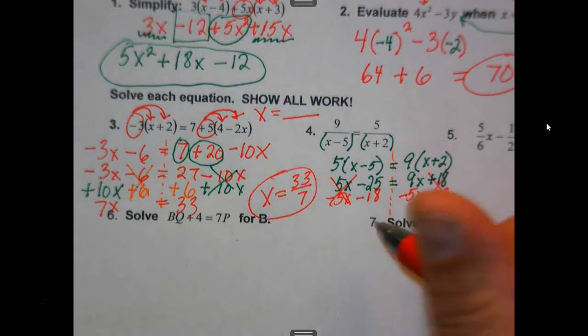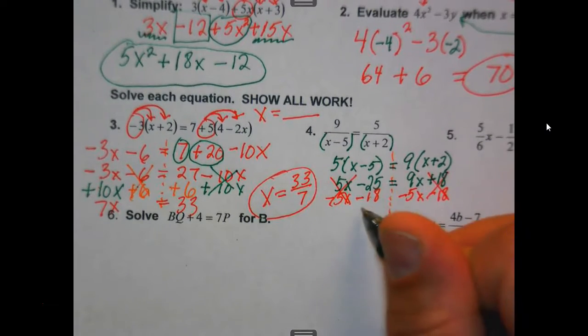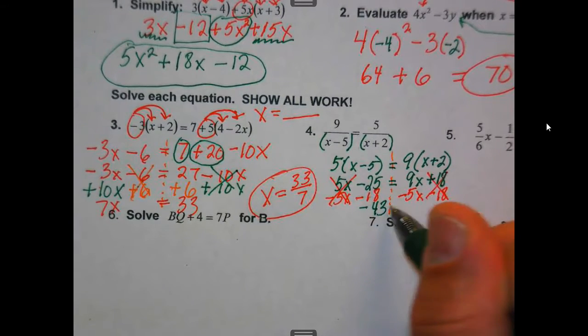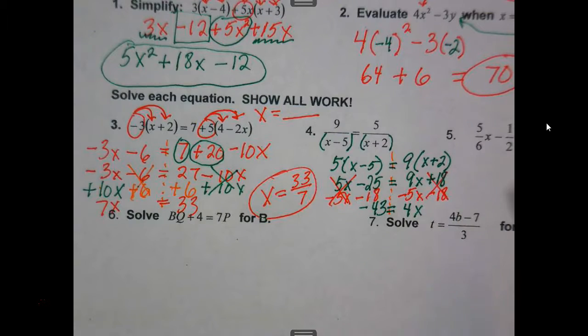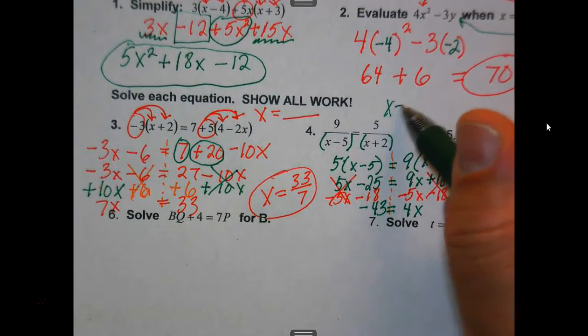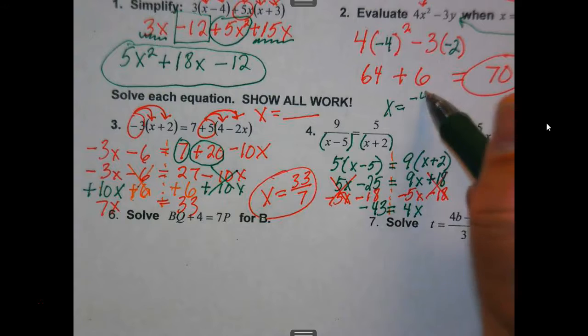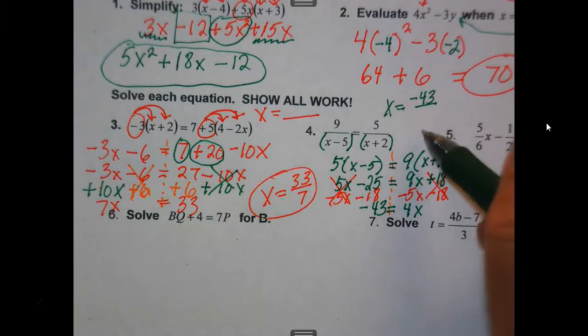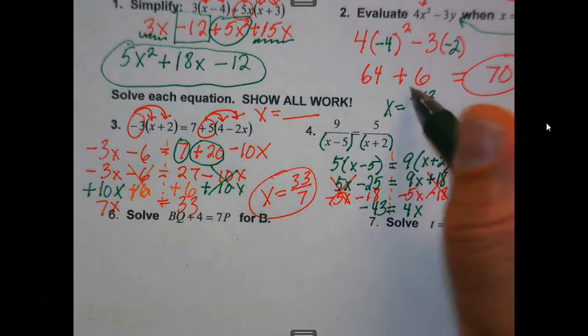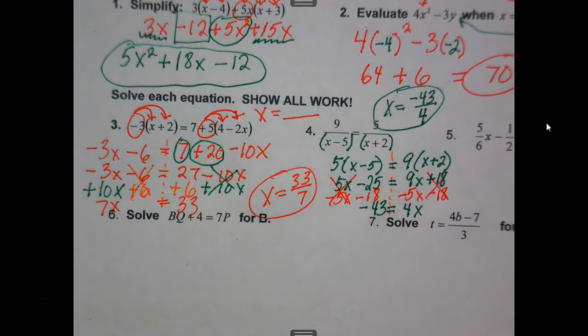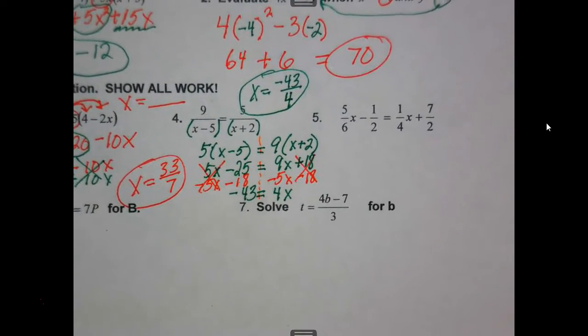Negative 43 equals 4x. So x is going to equal the negative 43 divided by 4. And no simplifying there.